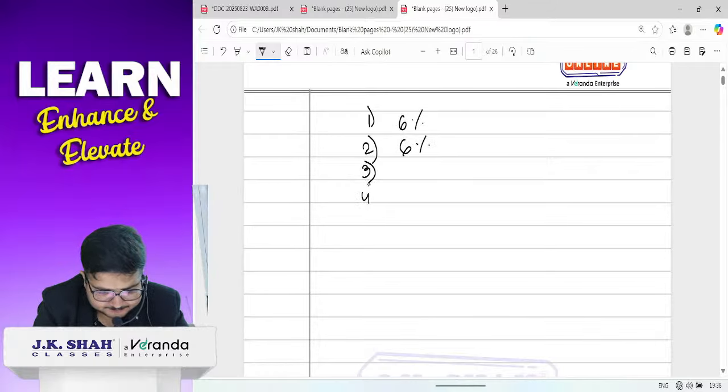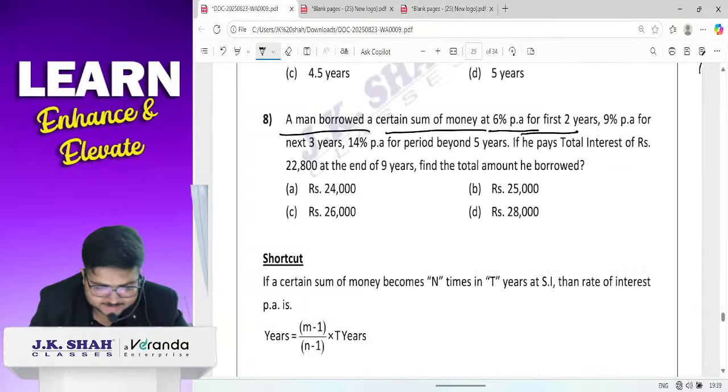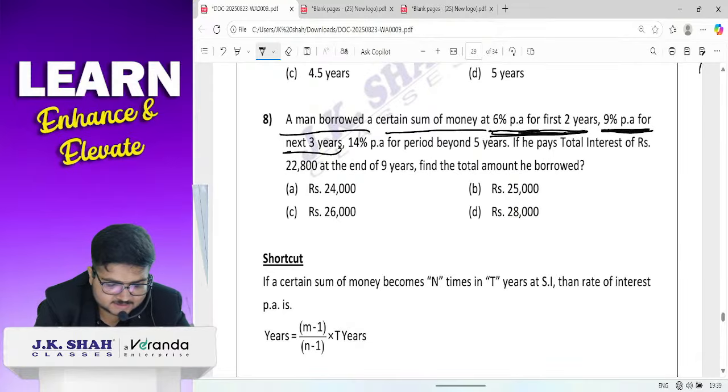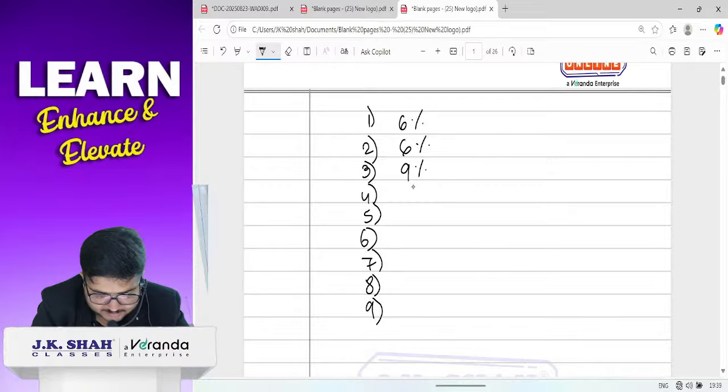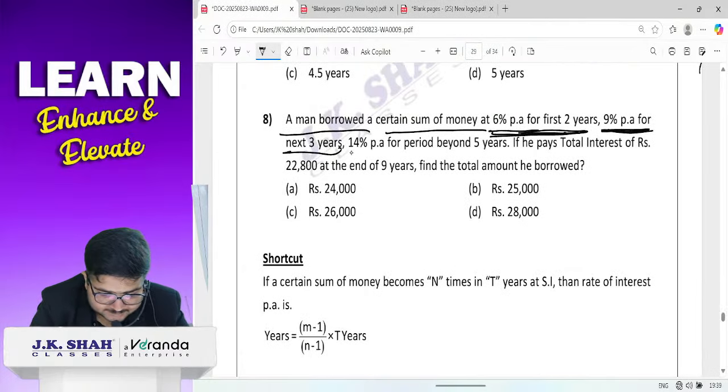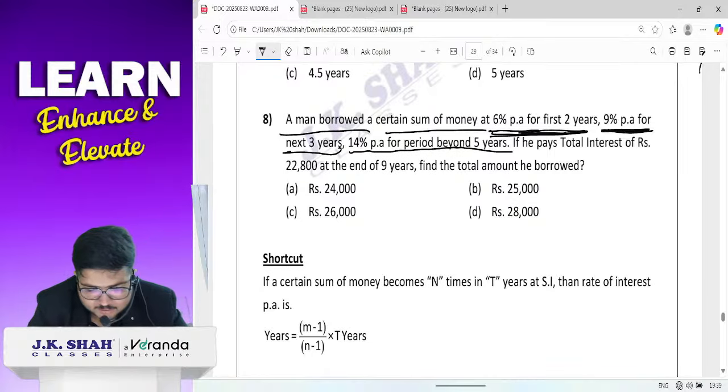Then what is the next sentence? 9% for the next 3 years, and 14% for the period beyond 5 years.